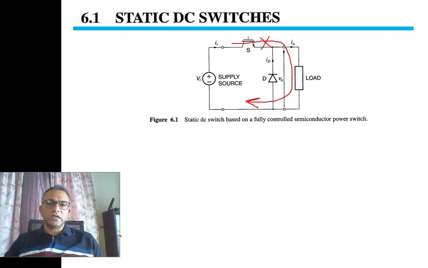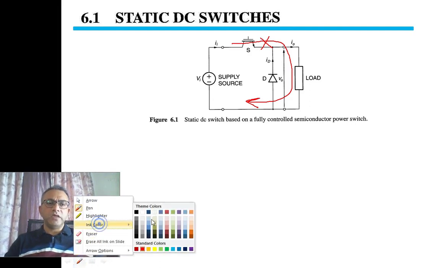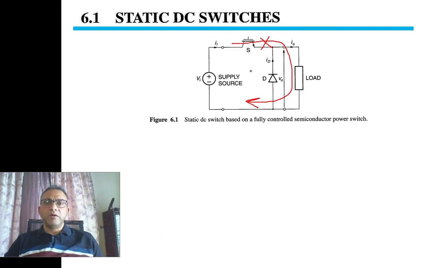So if we turn off the switch, we have to provide an alternate path for the inductive current to decay to zero, and this path will be provided by our freewheeling diode D. When we turn off the switch, the current flows through the load into the diode and decays to zero.